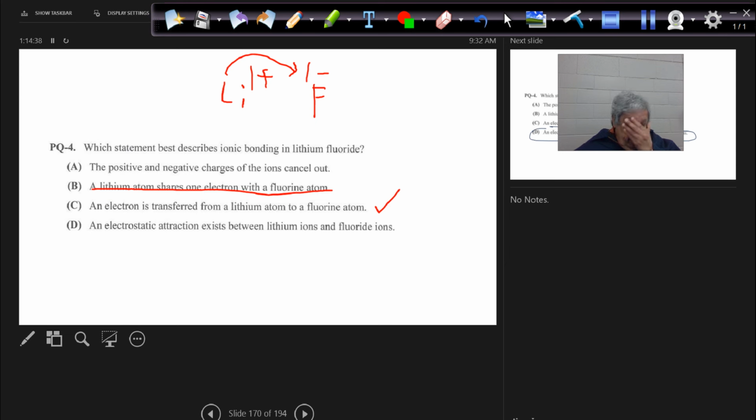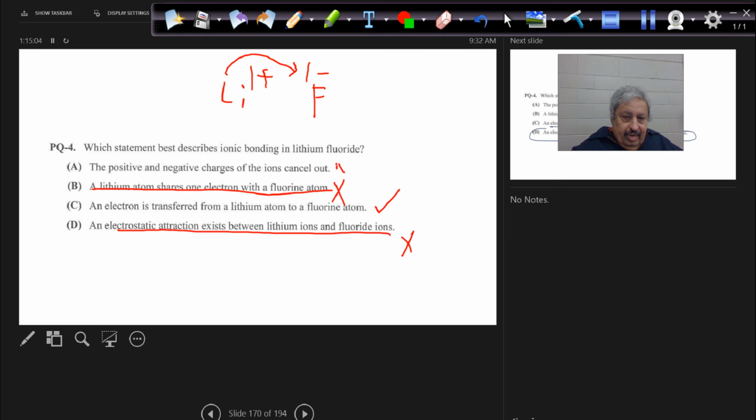Okay, guys. An electrostatic attraction exists between lithium ions. That's not correct. That's dipole. So this is not correct. Now, the positive and negative charges in lithium and fluoride cancel themselves out.